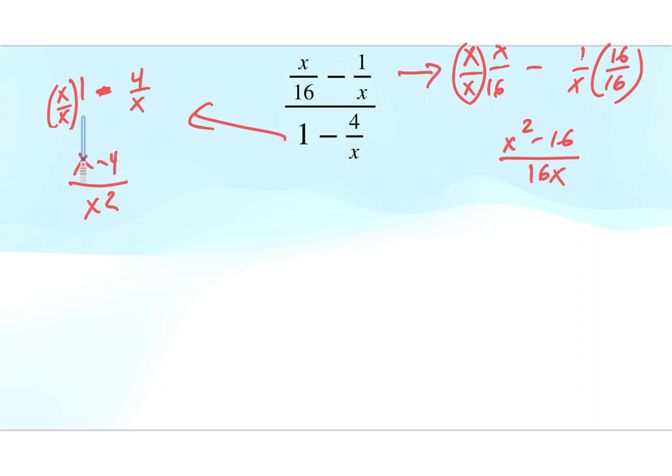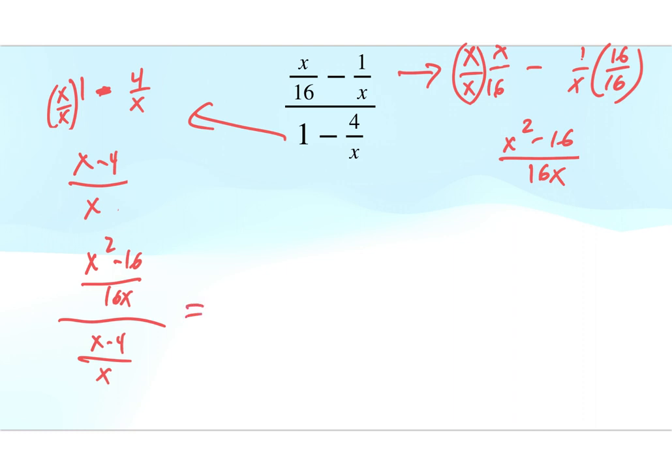Oh, sorry, just x, not x squared, because x times 1 is x, and this is an x, so I'll just have x in the denominator. So that's my whole denominator. So I'm going to rewrite my fraction as x squared minus 16 over 16x all over x minus 4 over x.